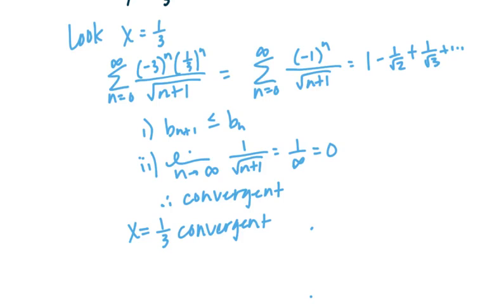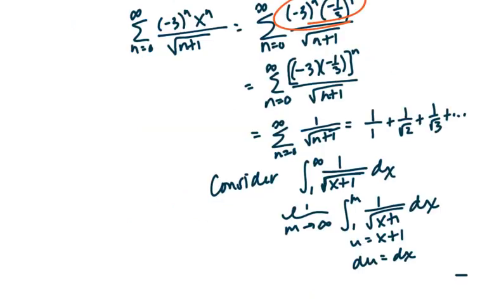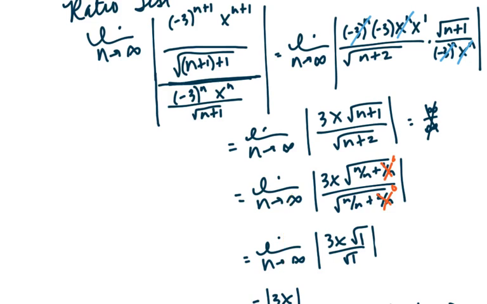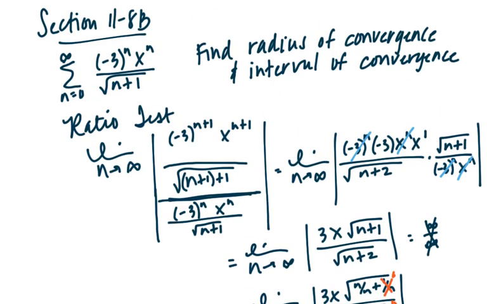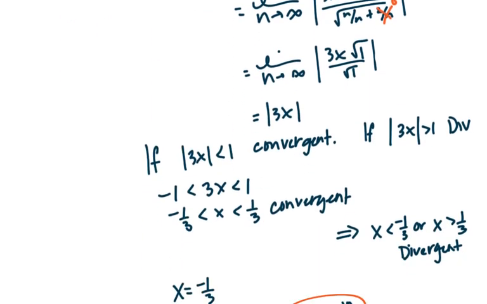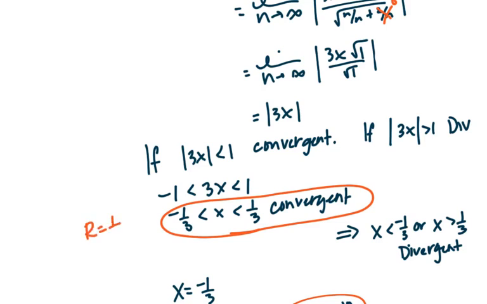Now let's go back to the work that we had before. And we were asked to find, let's go back to the top, the radius of convergence and the interval of convergence. So this right here gives us our radius of convergence. So when we get to this point, we can say that r equals 1/3.